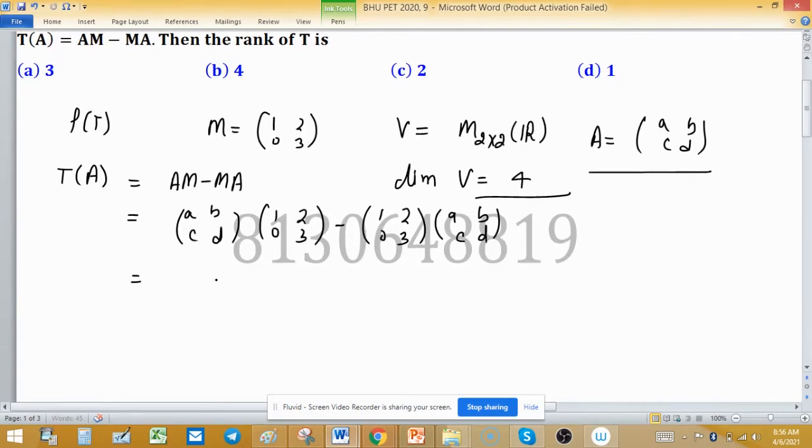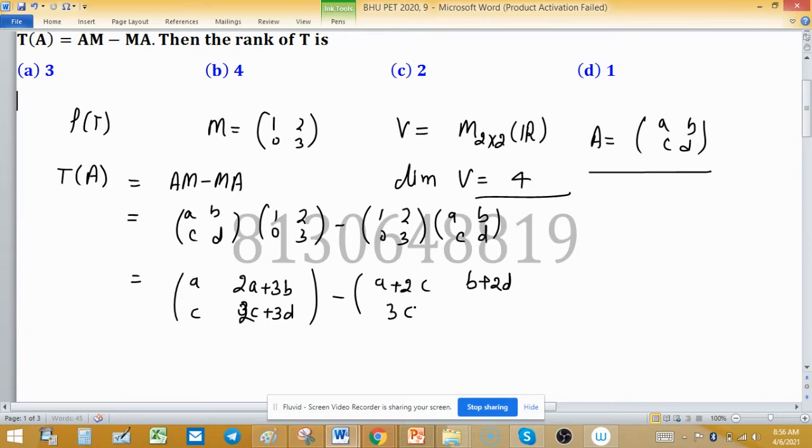We will get [a + 2b, 3b; c + 2d, 3d] minus the product [a + 2c, b + 2d; 3c, 3d].